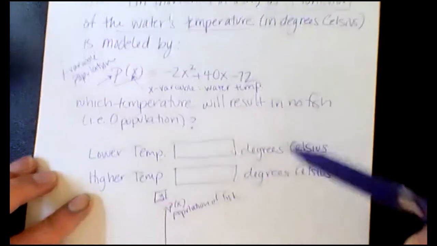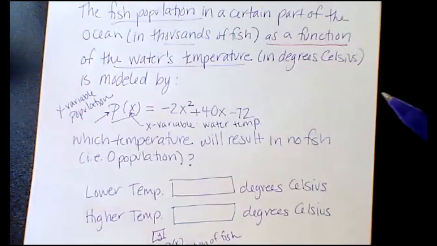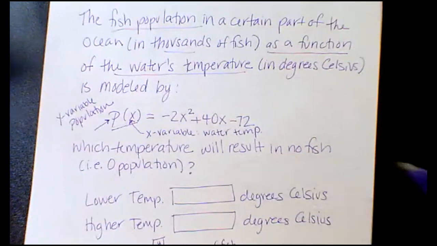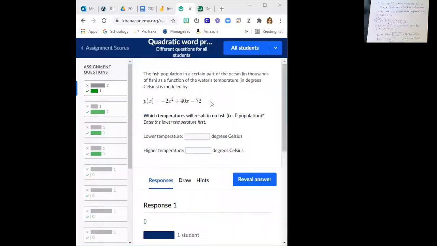So now that we know that X is temperature and P of X is population, let's go back to graph this on Desmos. I am going to share my screen once again. I want to show you, a lot of people have been trying to copy this over and paste it into Desmos, and I want to show you what happens.